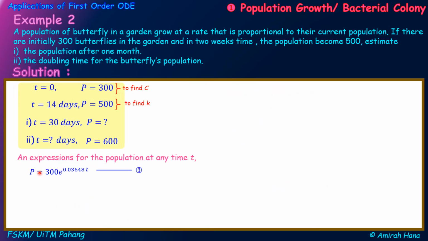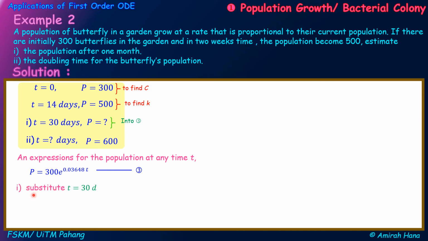From the previous slide, we get an expression for the population at any time T, given by P equals 300 e to the power of 0.03648 T, and we name it equation 3. So we can answer question Roman 1. We use this information and substitute into equation 3.